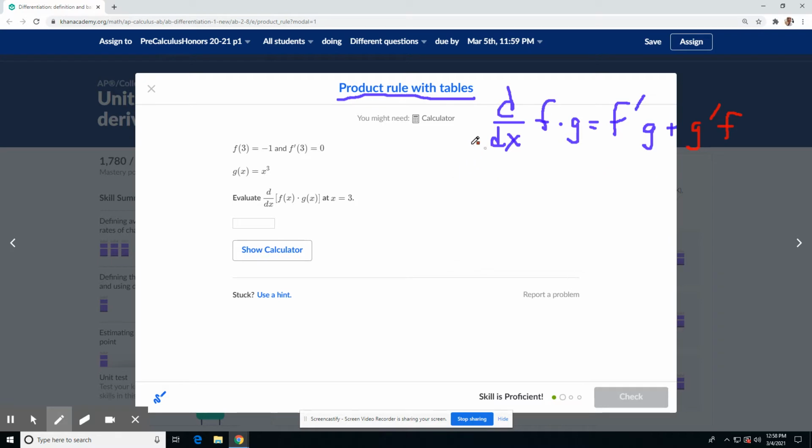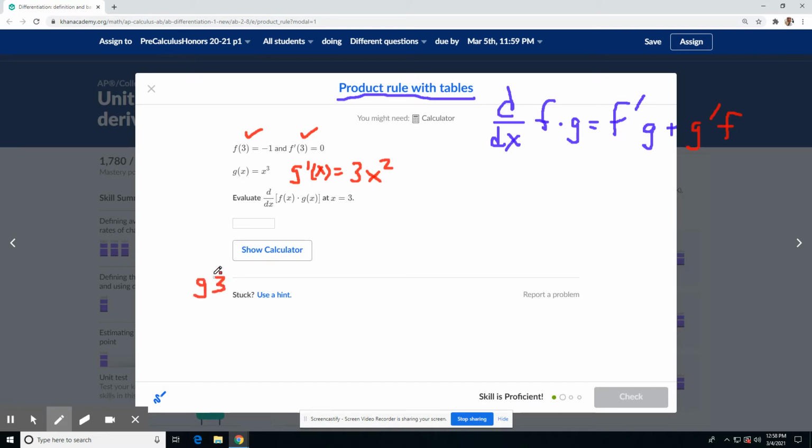So that means we need f and f prime at 3, check, check. We need g and g prime at 3. So we need to evaluate g. So g of x is going to be: the exponent goes out front, the exponent gets subtracted by 1 and leaves a 2. All right, now I'm plugging in 3 into here.